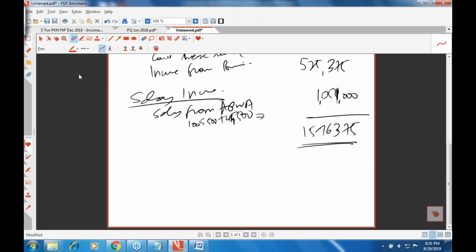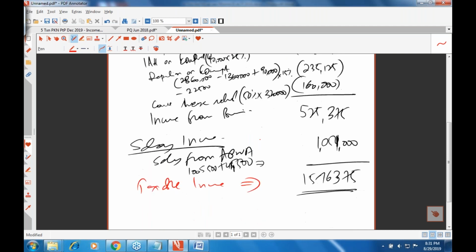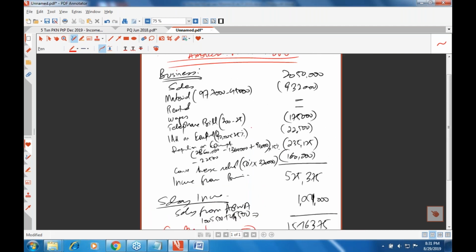So this is now going to be the taxable income of Miss Ambreen, which is 1,576,375. Is everyone okay with this? Anyone having any issues with respect to it?